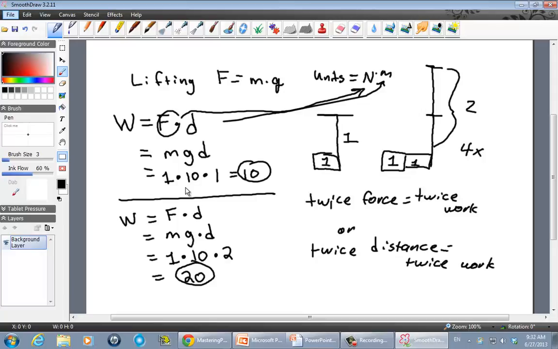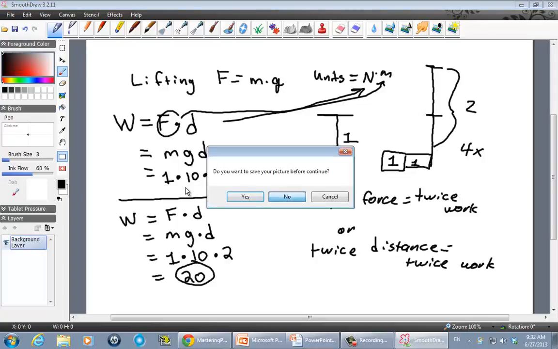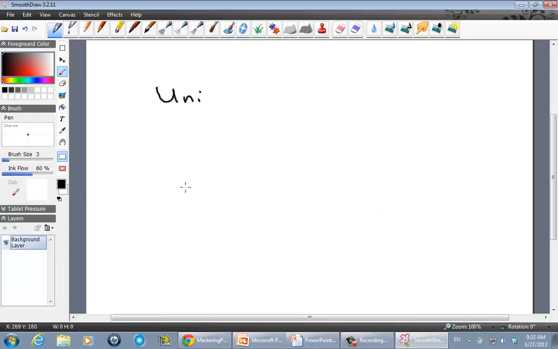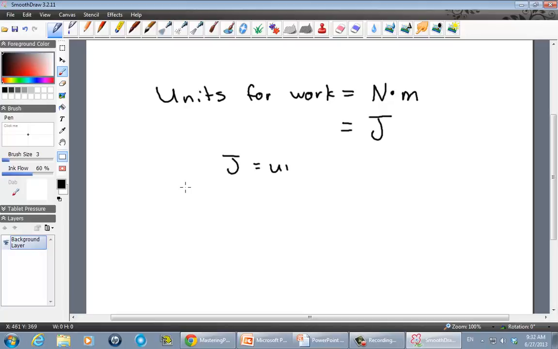So the units for work equals a newton times a meter. And we have a special name for that. We call that a joule. So a joule is a unit of work, and we'll find out later that when you do work, then you are changing energy, so it's also a unit of energy.